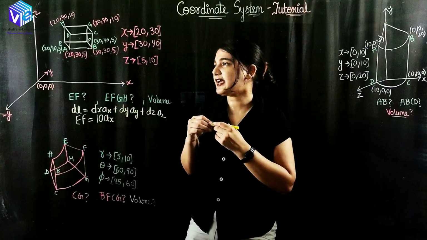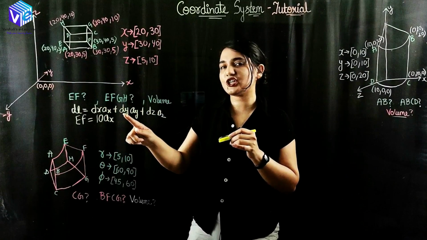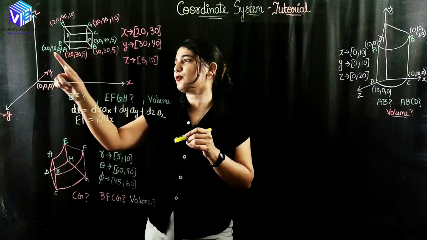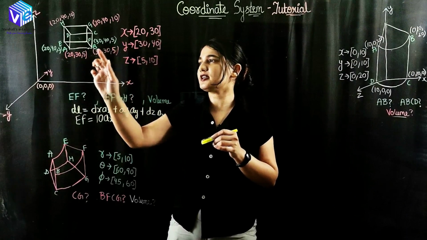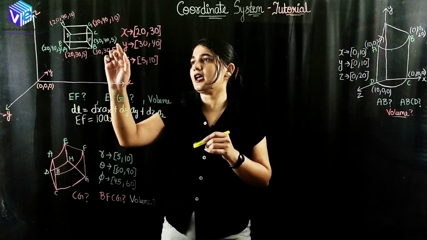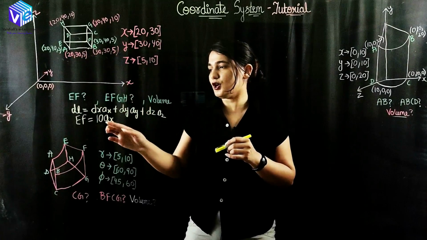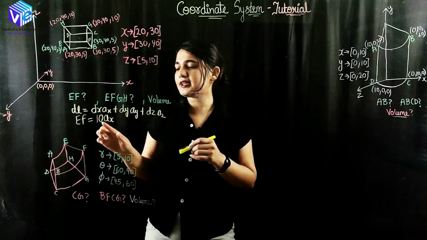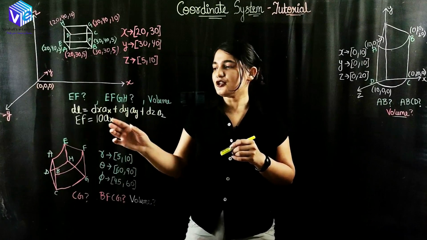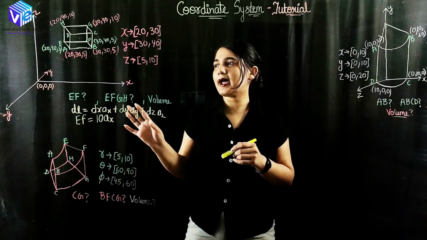So I have 10ax. Now what is the change in y? It is 0. Here it is 40 and here also it is 40. In the z direction also we have 0. So I can say EF is 10ax. This is how I can represent my EF.